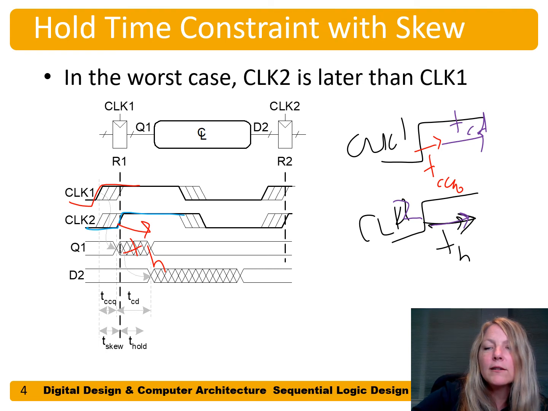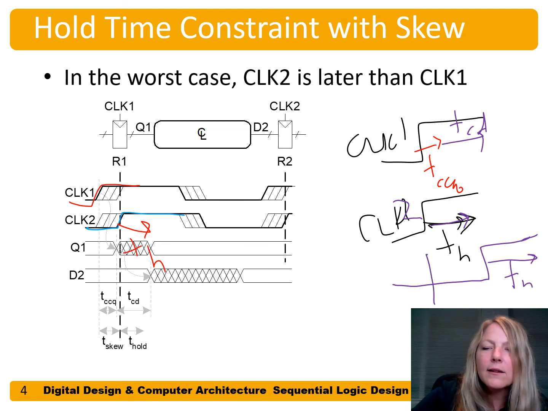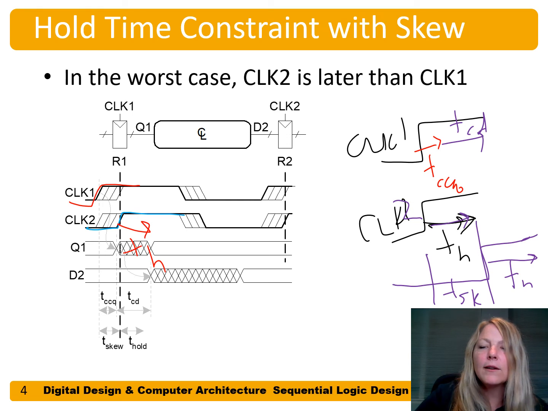Now we're going to move clock 2 so that it's skewed later. It still has its hold time constraint, TH. But now TCCQ plus TCD has to be greater than the amount that is skewed, T skew, plus T hold instead of just T hold.